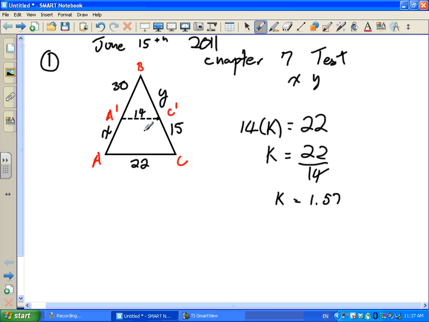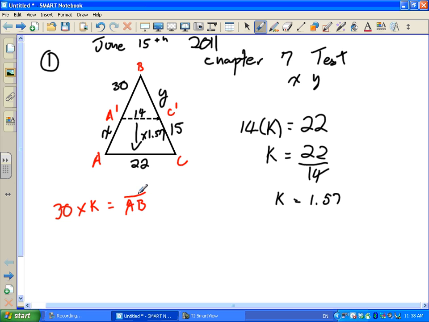So what that means is to get from the smaller triangle to the larger triangle, I need to multiply by 1.57. Now this comes in handy because I already have the distance of this side of the small triangle. I know that it's 30. So in order to find the distance of this side of the large triangle, I'm going to take that 30 and multiply it by our K factor to find out the distance of line segment AB.